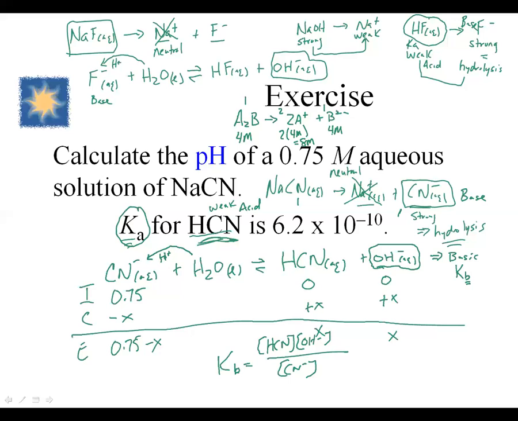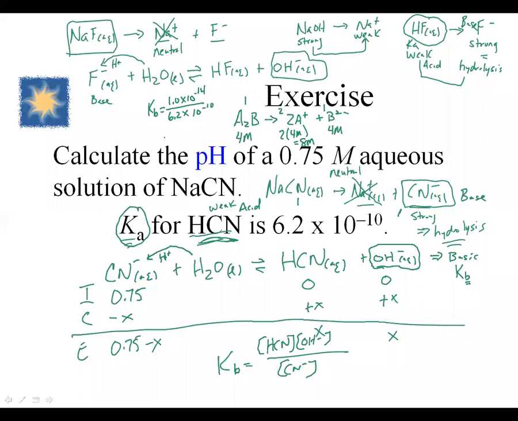Okay, so since we do need our KB value, we do want to convert it. And if we convert it, again, our KB would equal our 1 times 10 to the minus 14, which is our KW, divided by our 6.2 times 10 to the minus 10.